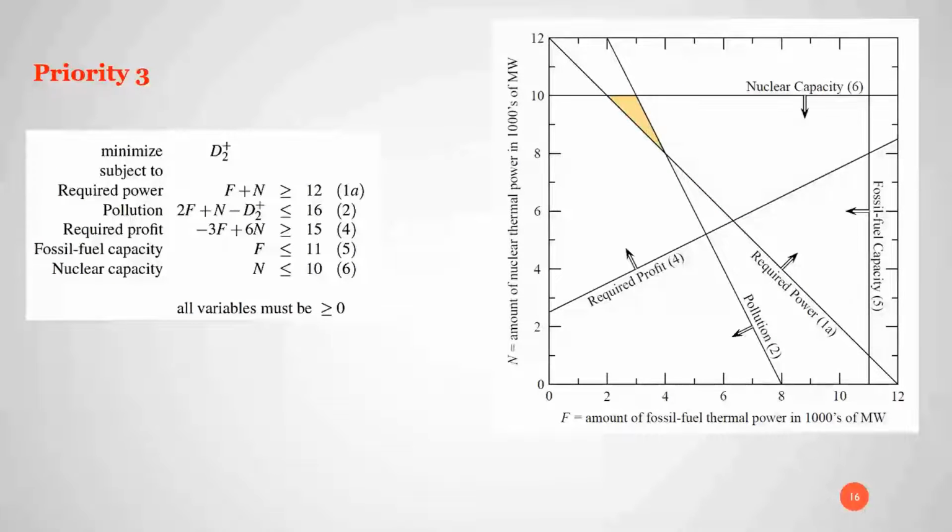The next move is to treat constraint 4 as a hard constraint in the next subproblem and change the objective function for priority number 3.